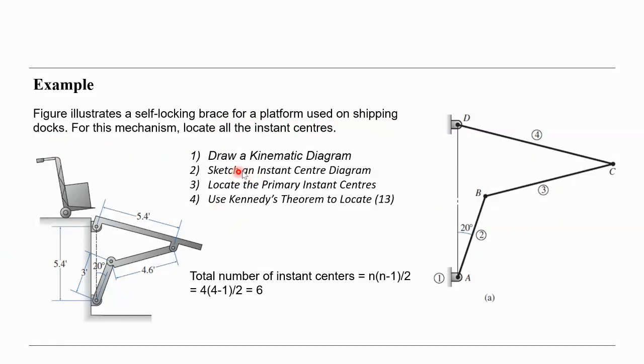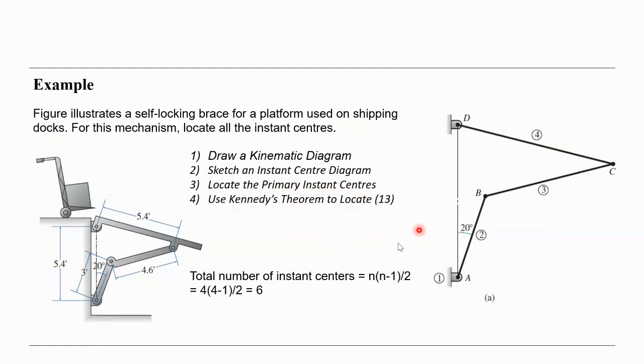First of all, we have to draw a kinematic diagram. You already learned in our previous lessons how to derive a kinematic diagram from a mechanism. Then sketch an instance centers diagram, create it, and locate the primary instance centers.